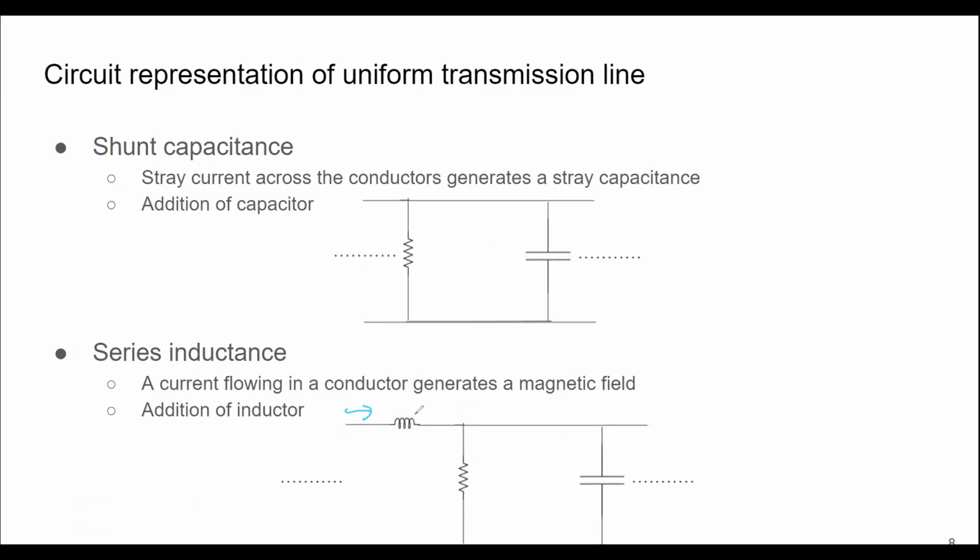In order to show the magnetic induction, we denote the induction using an inductor in series to the current propagation, and therefore we add the inductor. So so far, after taking a cross section of the transmission line, we have the inductor, parallel resistor, and parallel capacitor.